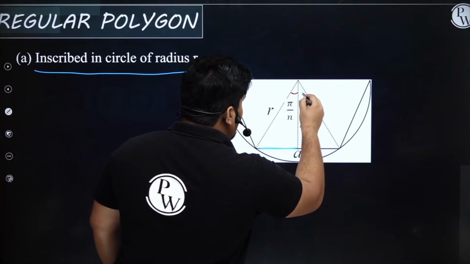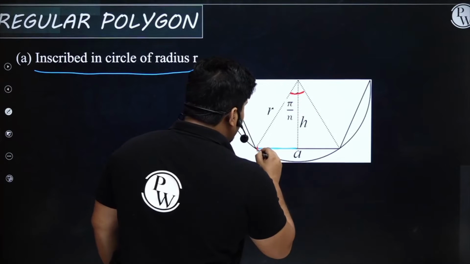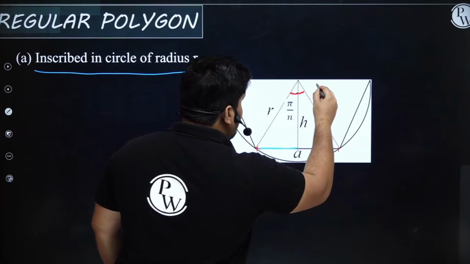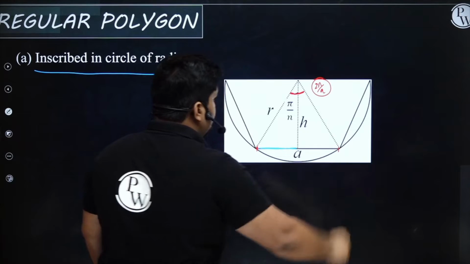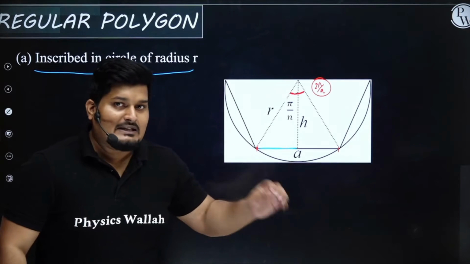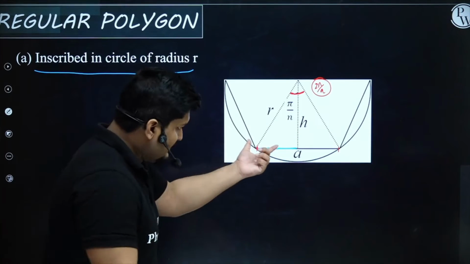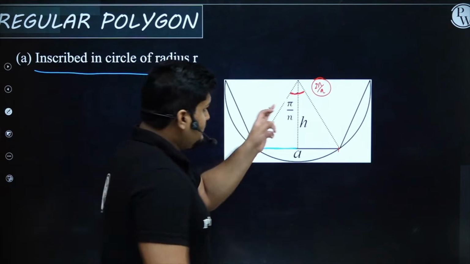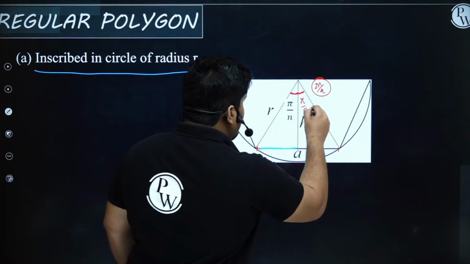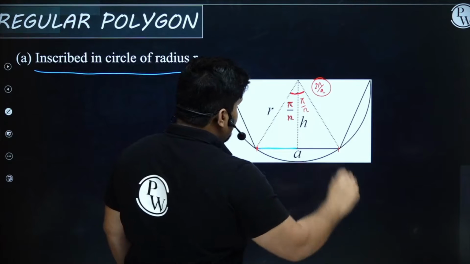The overall angle for one side will be 2 pi by n, but that altitude is going to bisect that side and angle also. So both these angles are pi by n, pi by n.